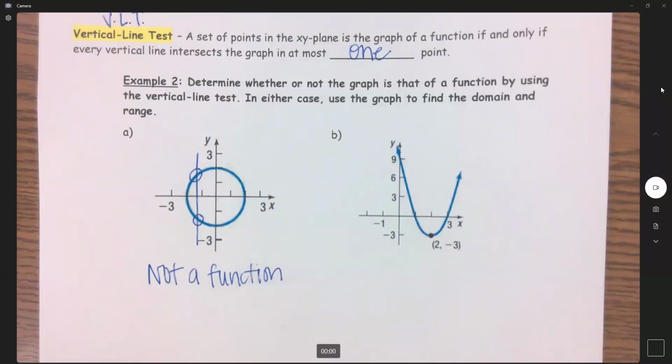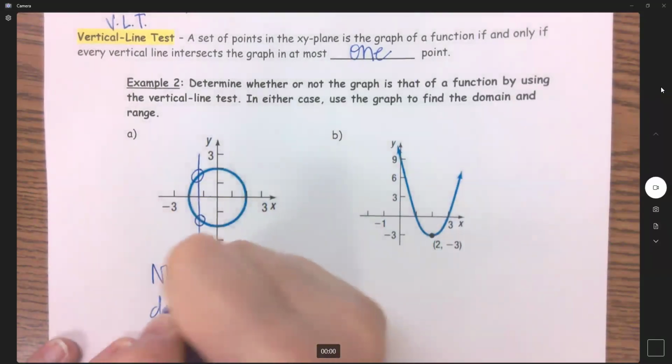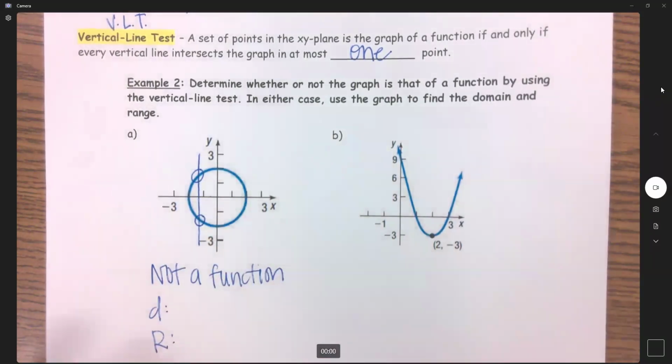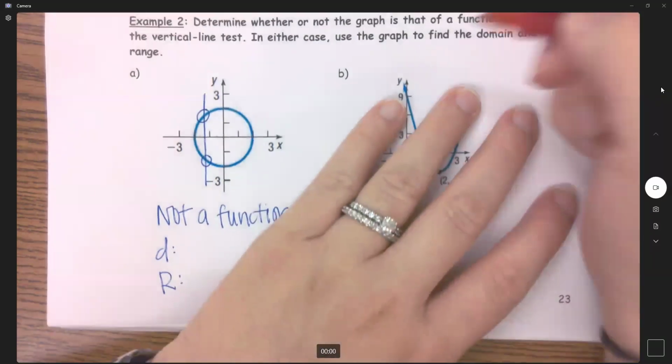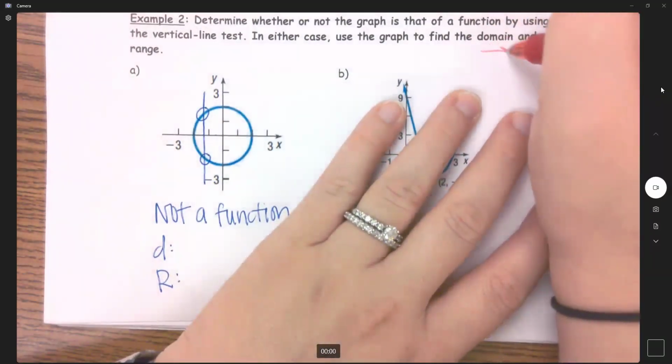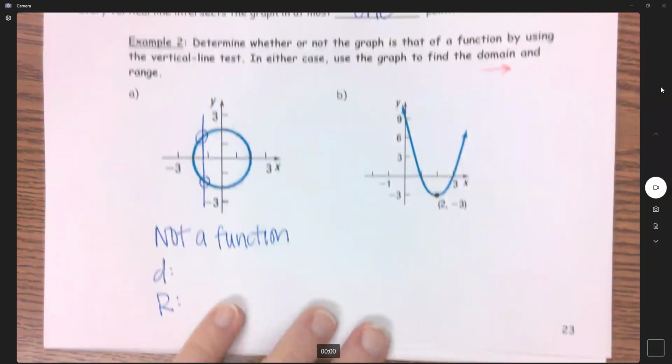Now, in either case, state the domain and range. The domain and range from graphs can get a little tricky. This one's not too bad. When we find the domain, we will always go from left to right.